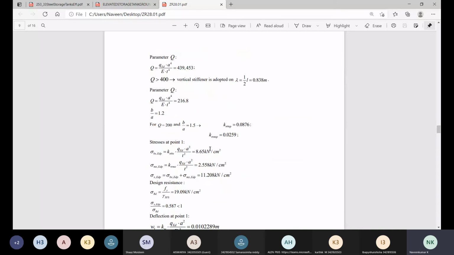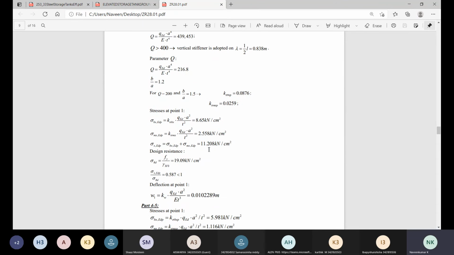Based upon the load calculation, you decide the type of plate. After connecting with bolts or welds, you check whether it is stable. You ensure the stability and you ensure the safety.